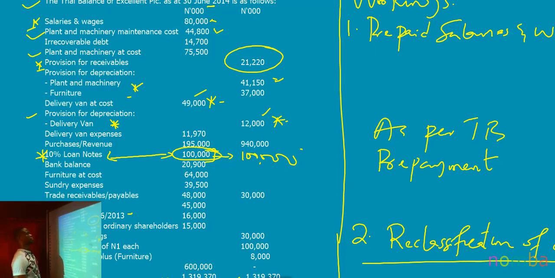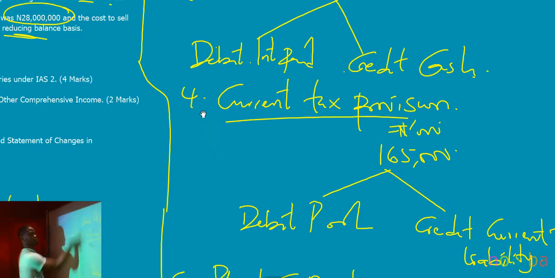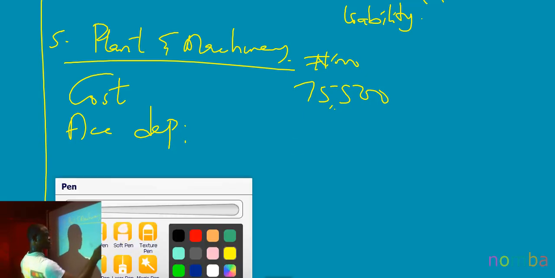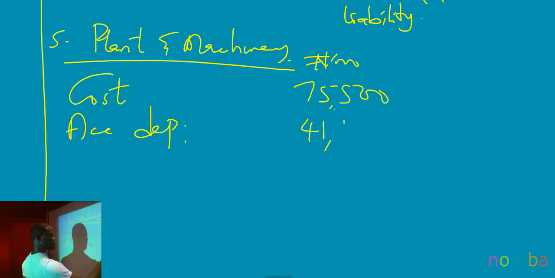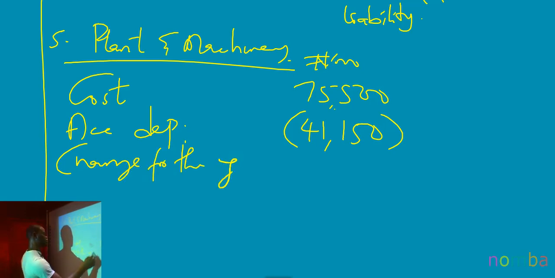Okay, so let me go and have it there as 41,150. And we also need to determine the charge for the year, meaning the depreciation charged for the year.